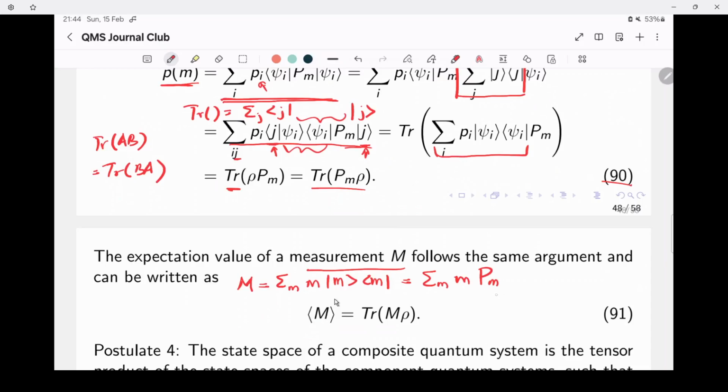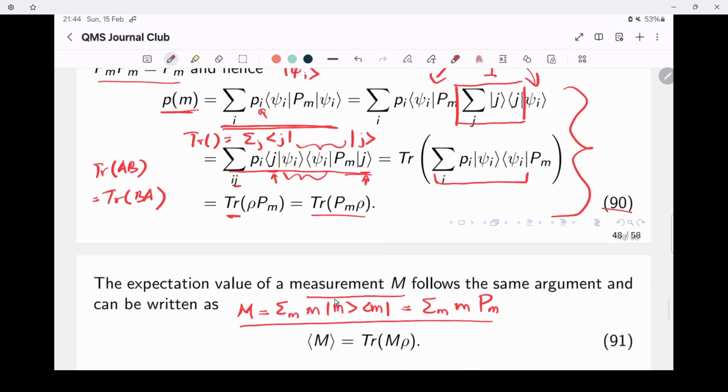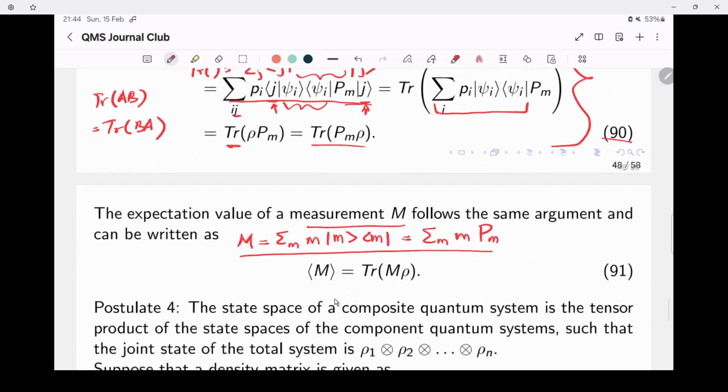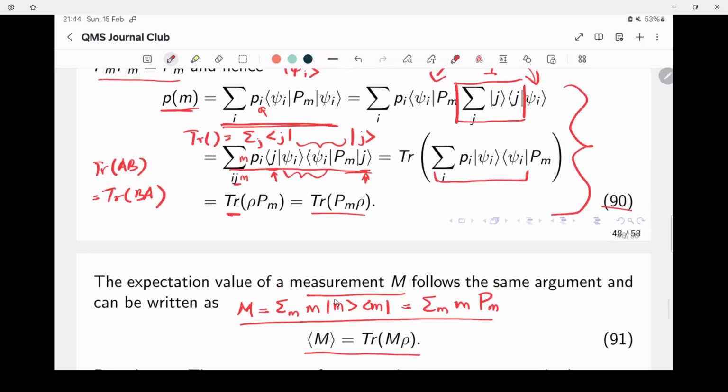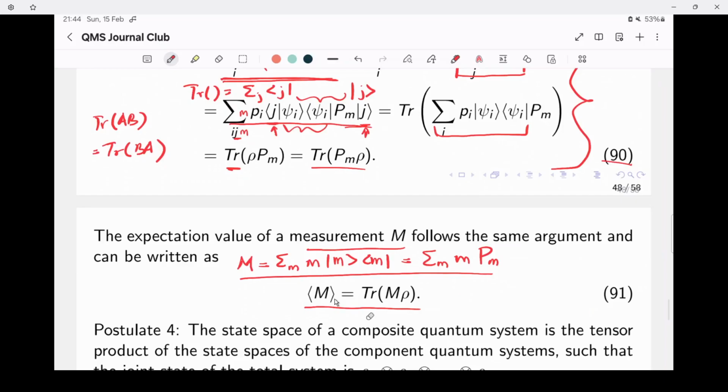So if you want to do this, following the whole argument over here, you can, and it's more or less similar. It's just that now you have another summation with index m. Of course, outside you also have another term m. So you can basically derive the same equation, equation 91, the expected value for a measurement m, using the same approach as what I show here in equation 90. So if you want to do it, you can do it later.